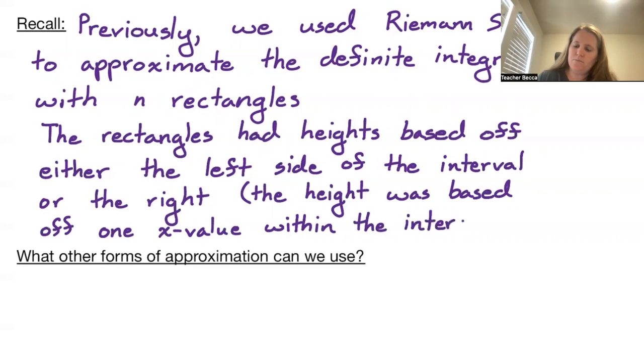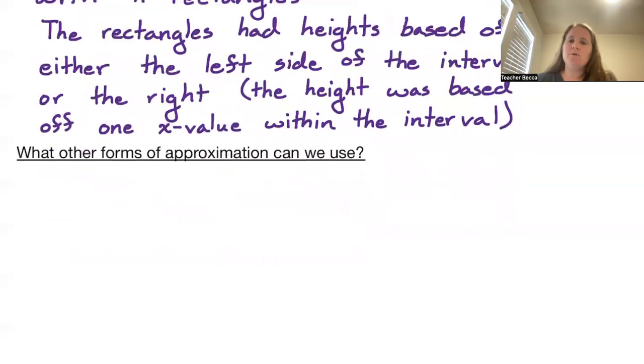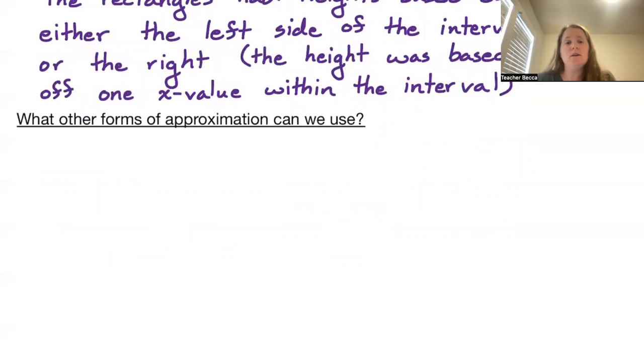So the question becomes, what other forms of approximation can we use? So again, the rectangles were based off one x value within the interval. We will do two other versions, one which will be based off of two x values from each interval.